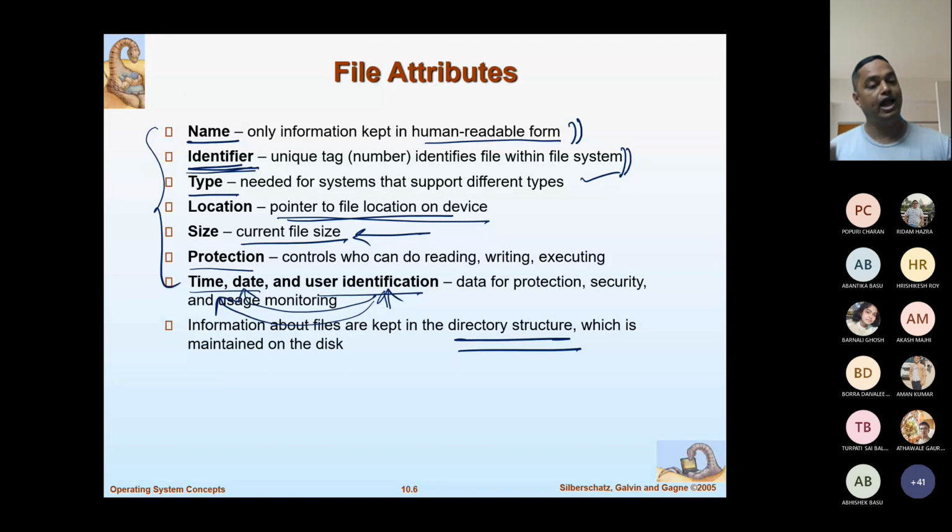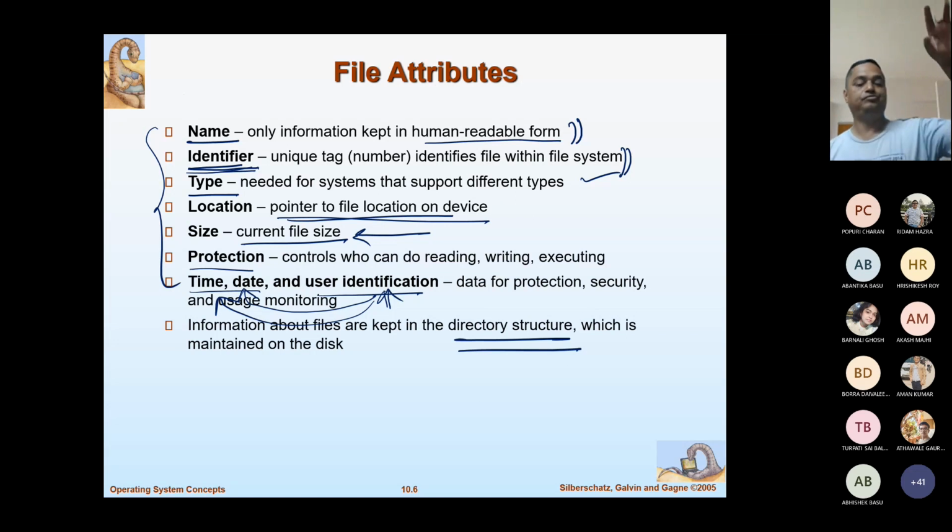So the directory and the file are similar to the content page of a book and the actual chapter. The directory structure is the content page of your book. And to retrieve the actual content from the book, you need to reach that particular page.